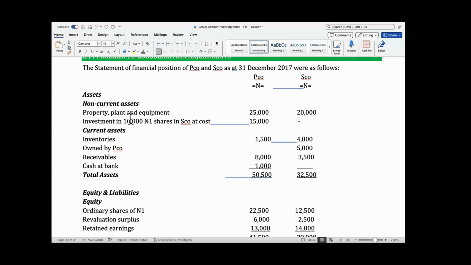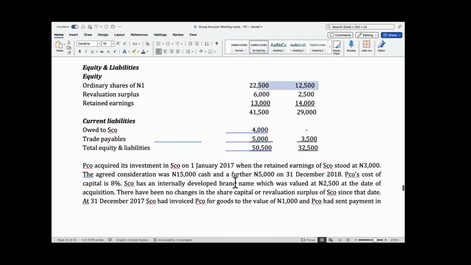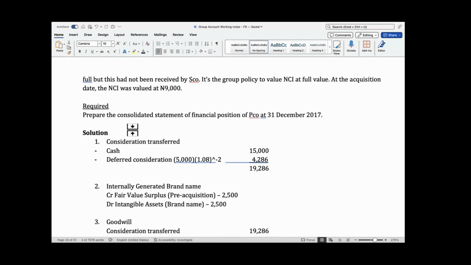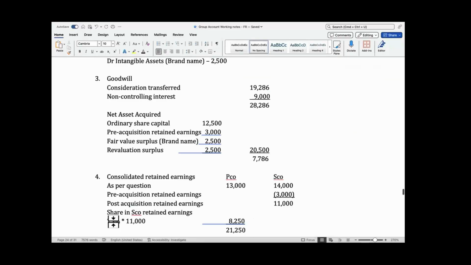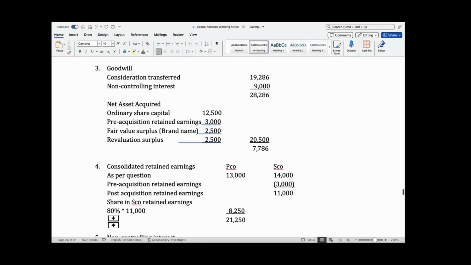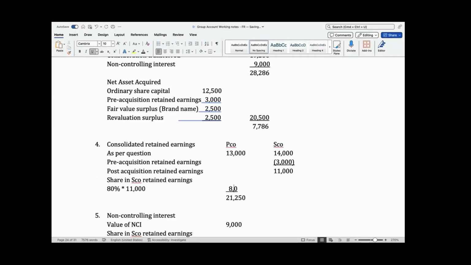From what I'm showing you on the board here, what was the percentage holding of the parent? 80%, sir. How did you get that? That's 10,000 investment in shares, divided by the shares of 12,500, multiplied by 100. Okay, that's correct. So that means this is supposed to be 80%. That question put us in the right direction.